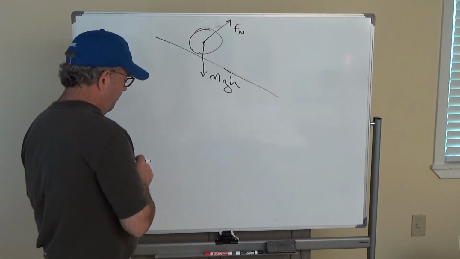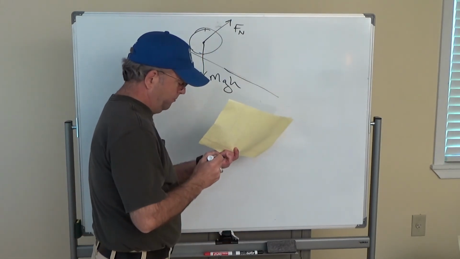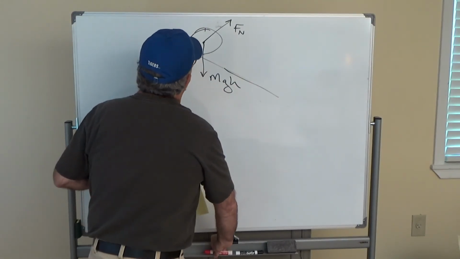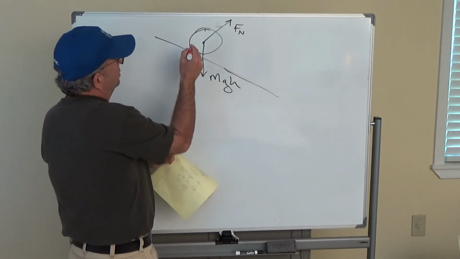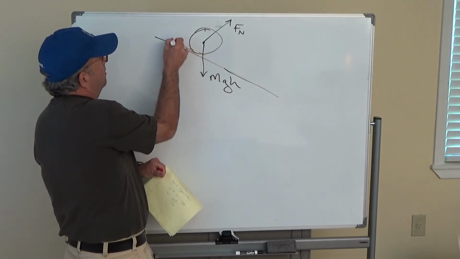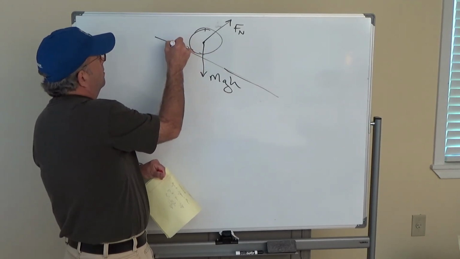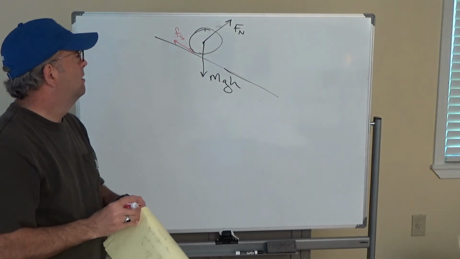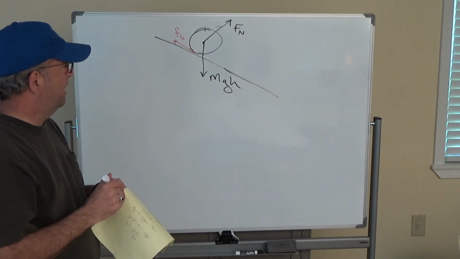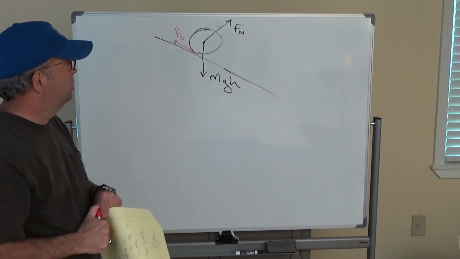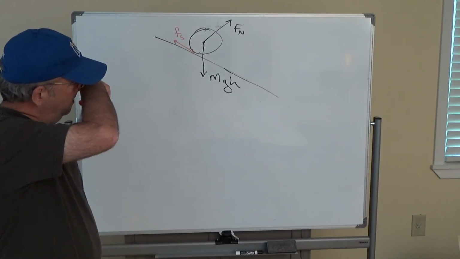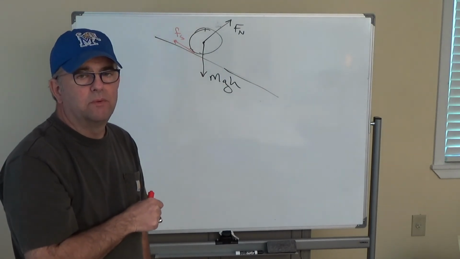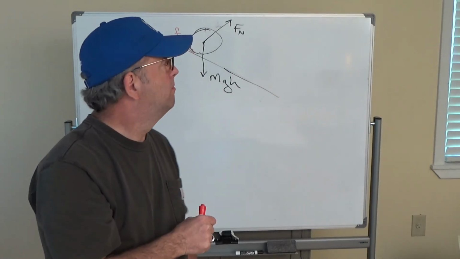And there's a static friction force. The static friction force is right here. Okay. Anything else acting on this? Got mg, the normal force, and static friction. I think that's it.